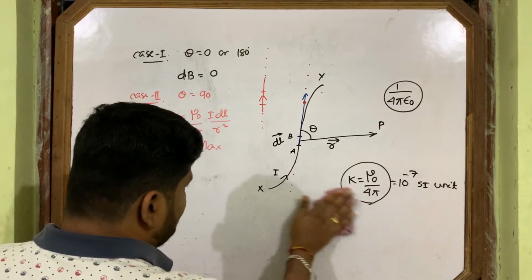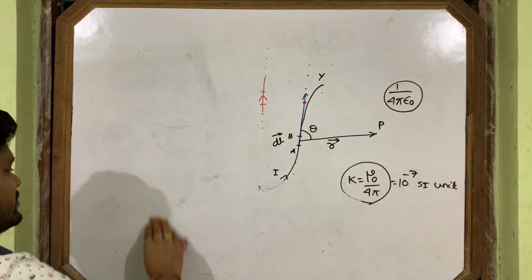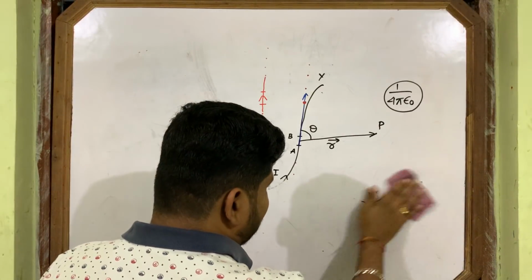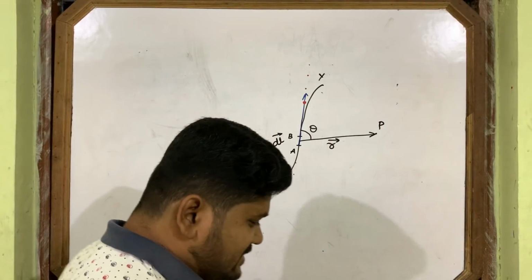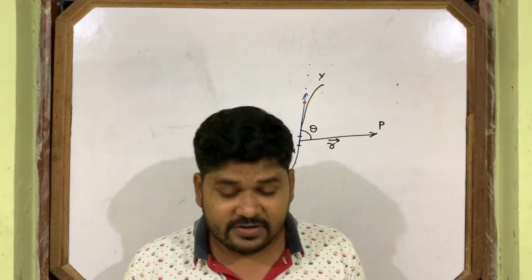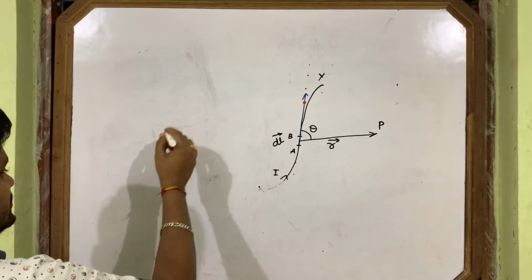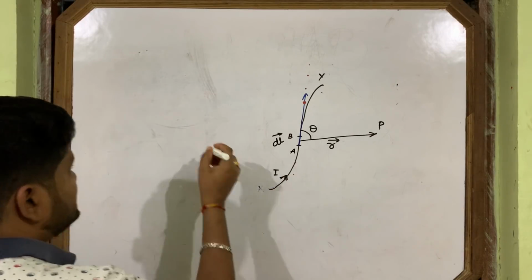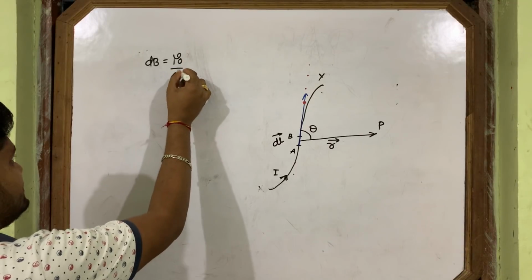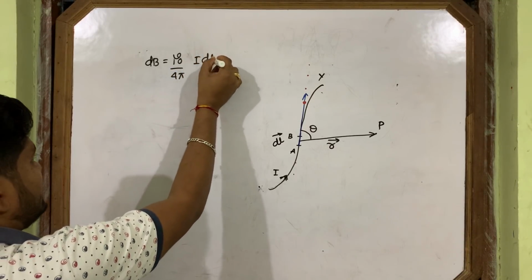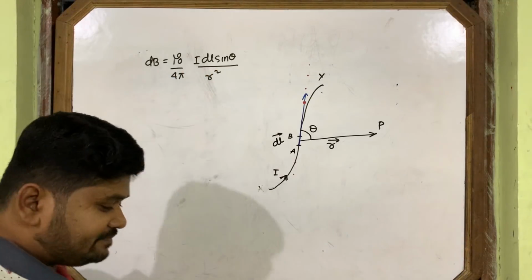Now let's come to dB. Magnetic field is a vector quantity like electric field. If it is a vector quantity, we will not leave it without writing it in vector form. So how will I write it in vector form? This is the expression of dB: I dl sin theta by r square.